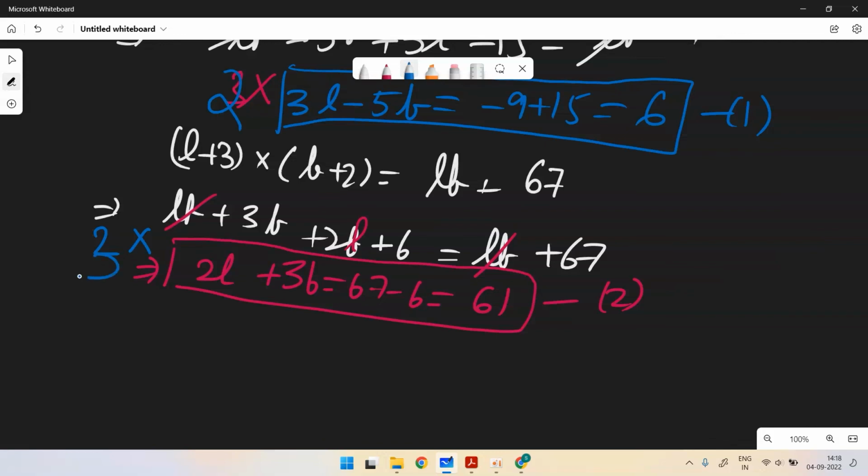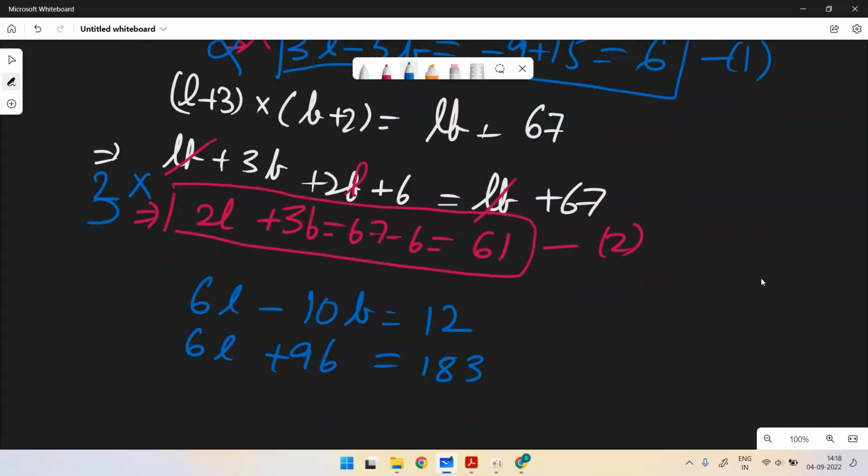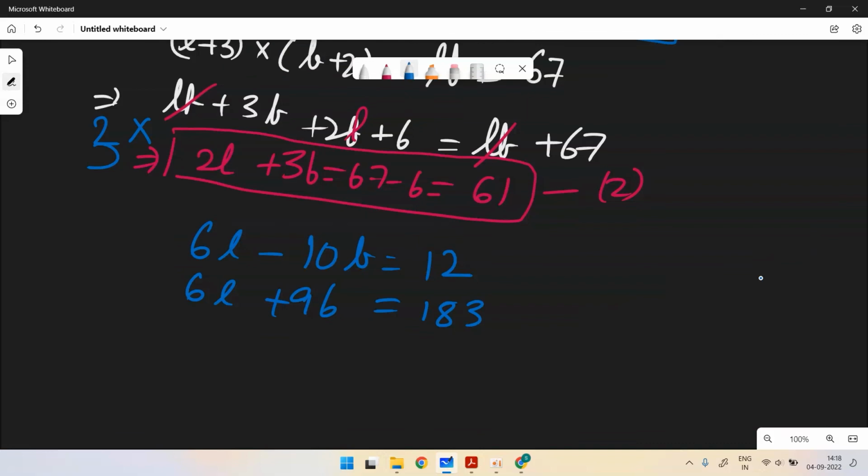The first equation will become 6L minus 10B equals 12, and here this is 6L plus 9B equals 183. If you directly subtract these two equations, this will become minus 19B equals minus 171.